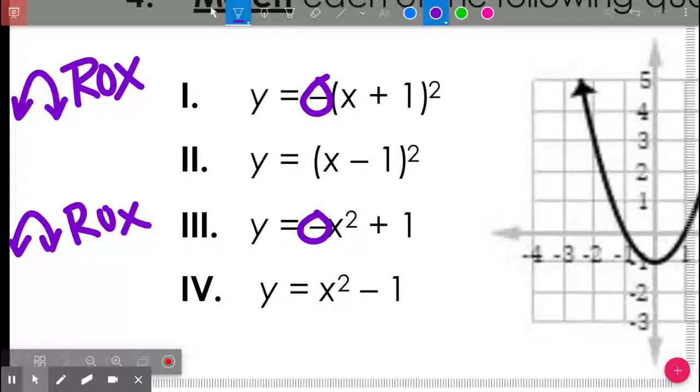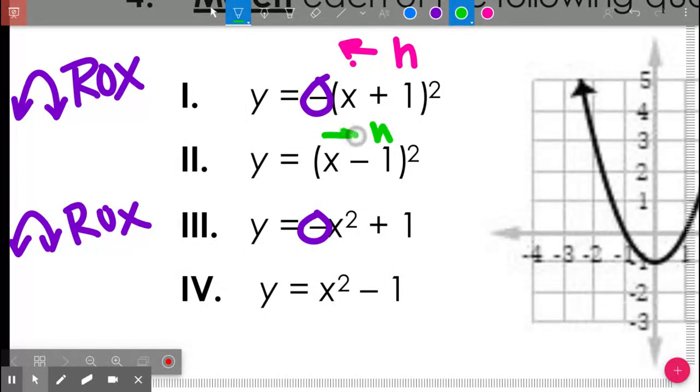Okay, the next thing that we need to look at are the H's and K's. So for number 1, I have an H because it's in parentheses. So remember that H lies. So this looks like it should be going right, but because it lies, it's going to go left. Okay, next one, we have another H. And H lies.